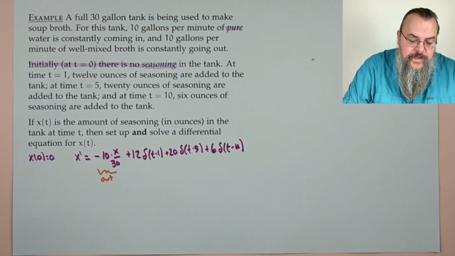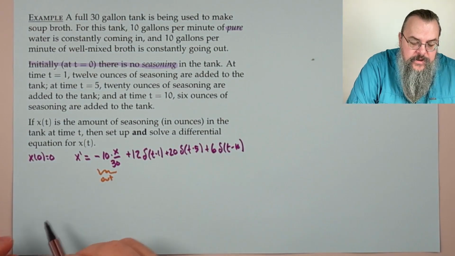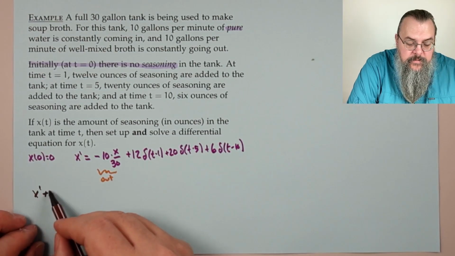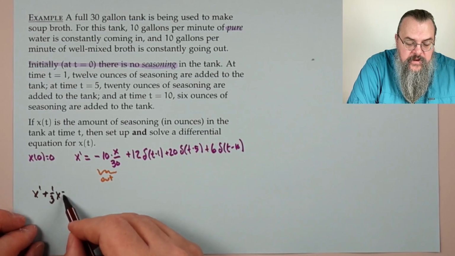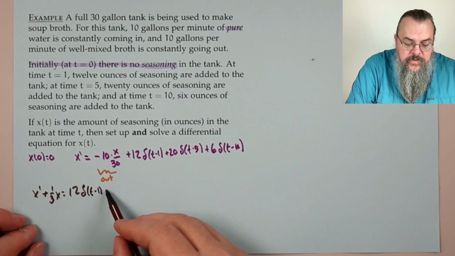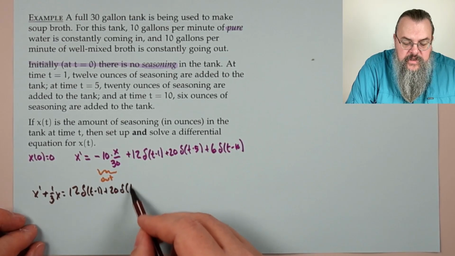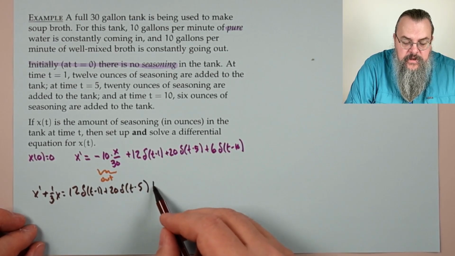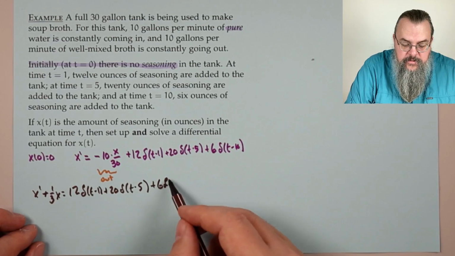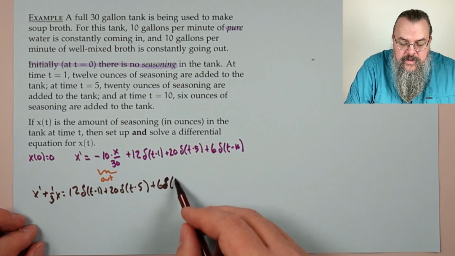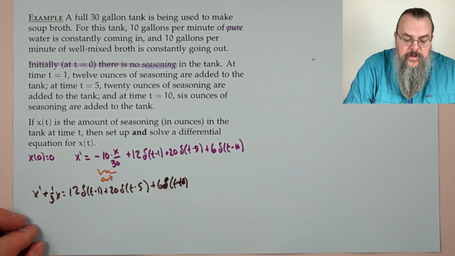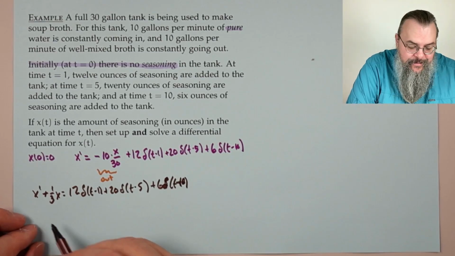So not much really to do other than move that across. So you have x prime plus 1/3 x equals our 12 delta t minus 1 plus 20 delta t minus 5 plus 6 delta, that's a terrible looking delta, t minus 10. All right, and we take the Laplace of everything.